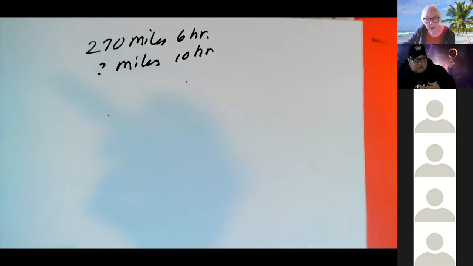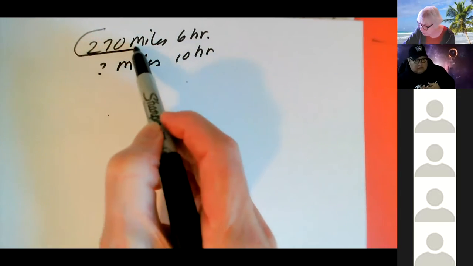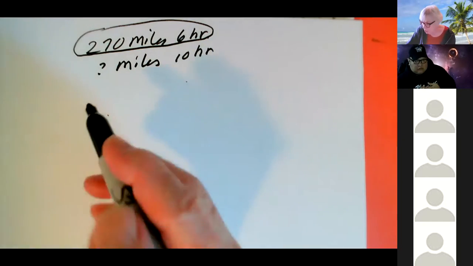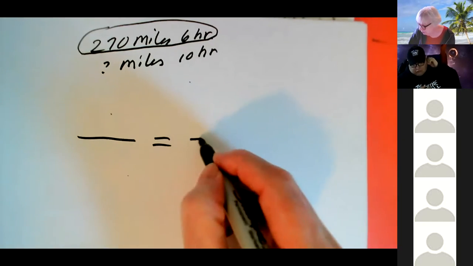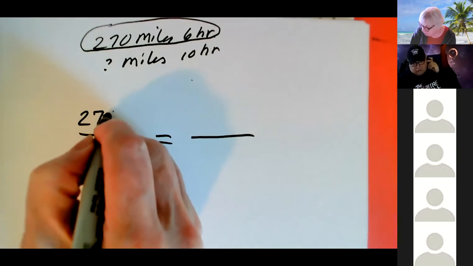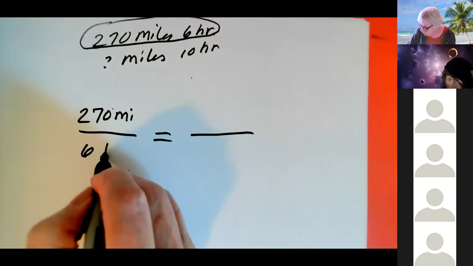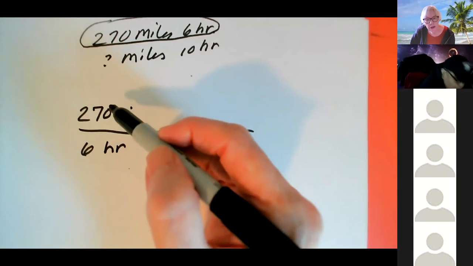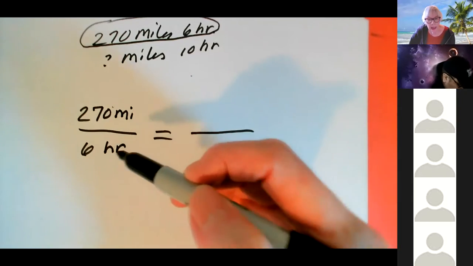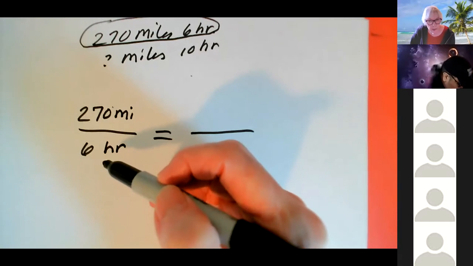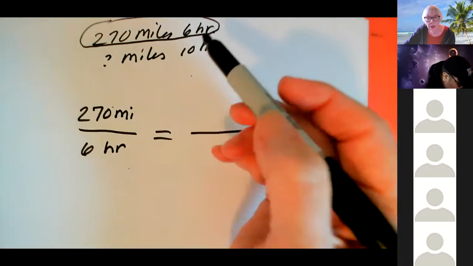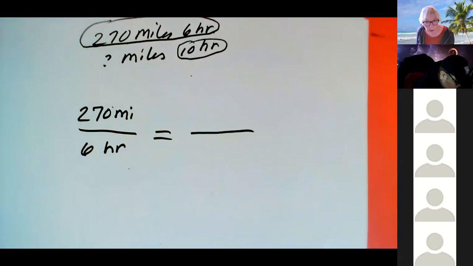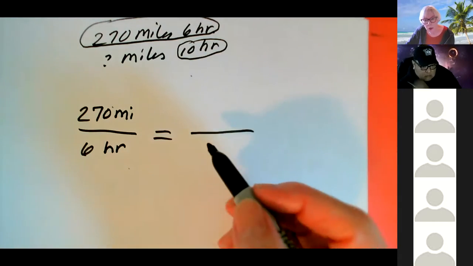You literally could have set it up a different way. In other words, that first sentence, 270 for 6 hours, could have been written over here, because these two go together. And so they could have been written in the same fraction. If you'd set it up like that, which is totally fine, the only thing you have left to do is put the 10 hours somewhere. Now the 10 hours belongs on the bottom.